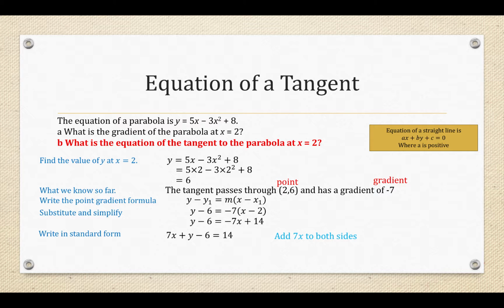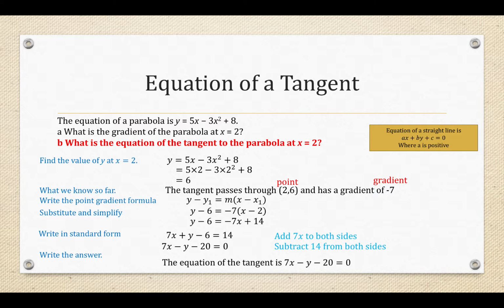Now again, I want standard form equal to 0. So subtracting 14 from both sides will give me 7x minus y minus 20 equals 0. So our answer is the equation of the tangent is 7x minus y minus 20 equals 0.